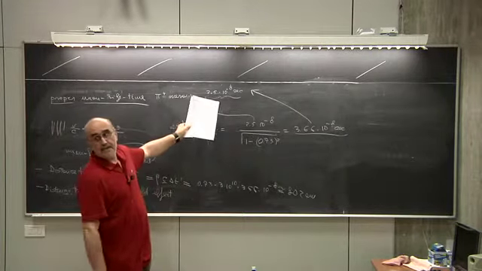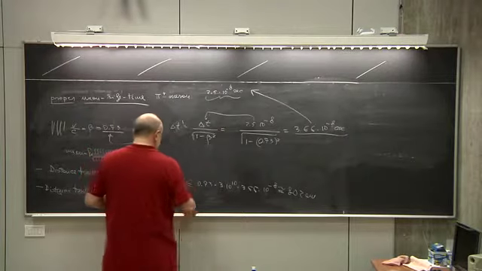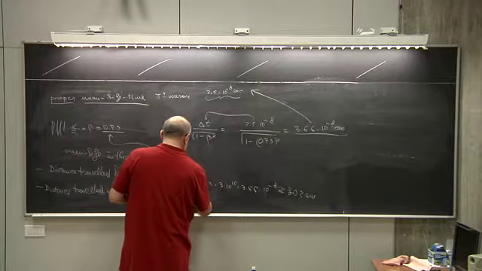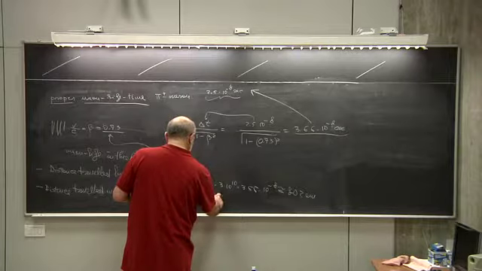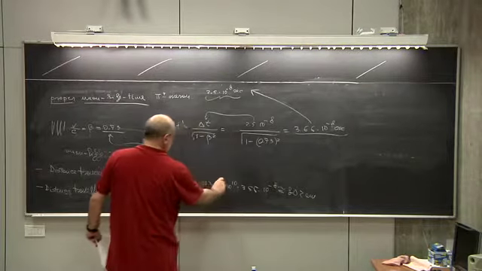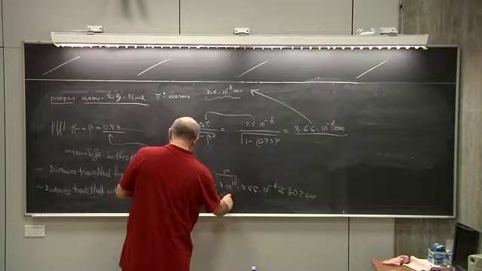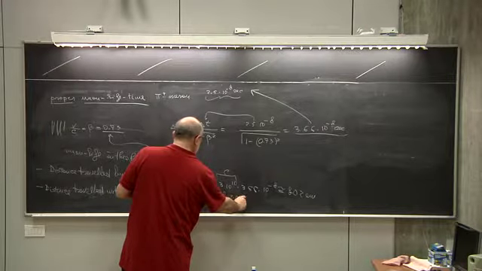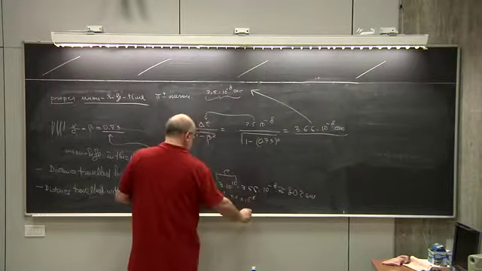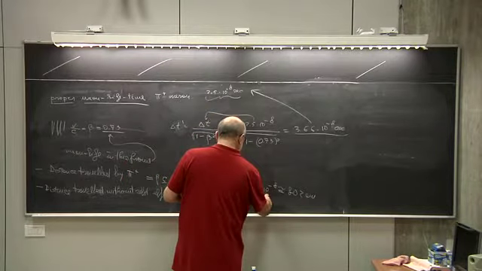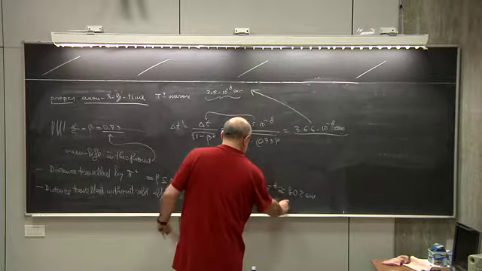You have to use this time. And then you get 0.73 times 3 times 10 to the 10, which is the velocity of light, c, times 2.5 times 10 to the minus 8. And this is 548 centimeters.